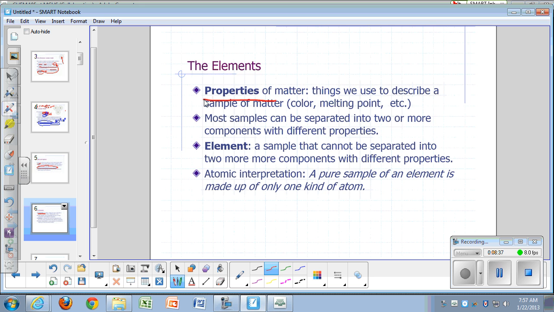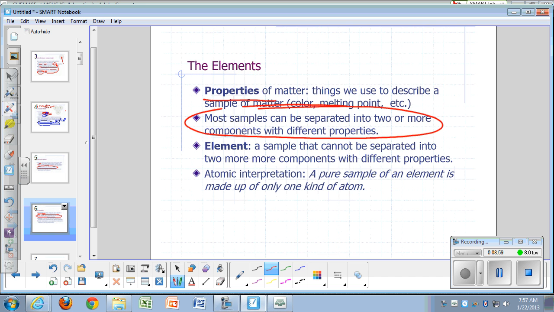Now, most samples of matter that you find around you in nature can be separated into 2 or more components with different properties. One of the early preoccupations of chemists was to separate samples into different components that have different properties.